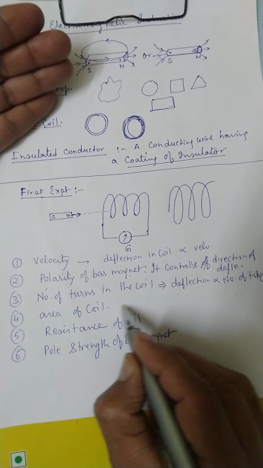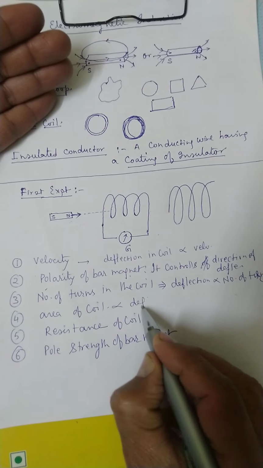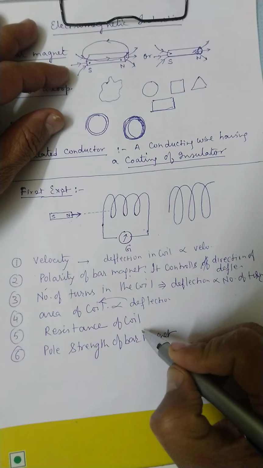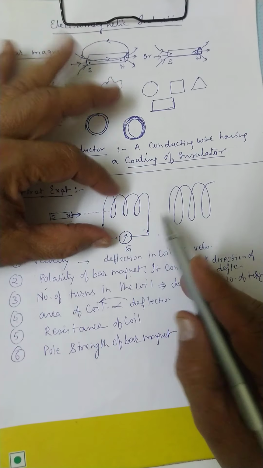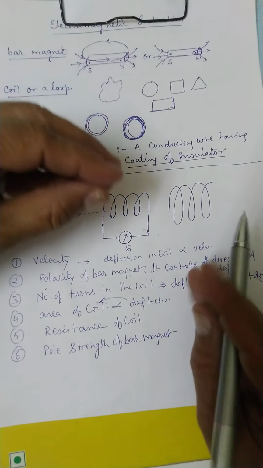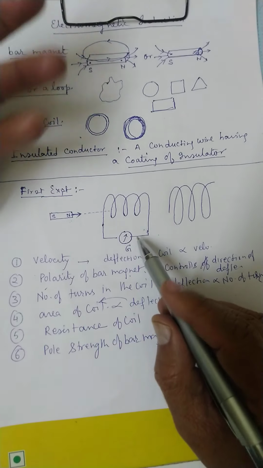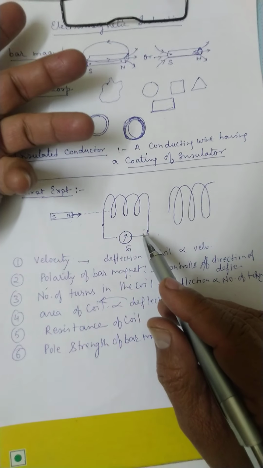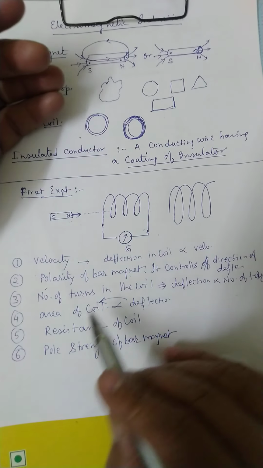Area of the coil, again the deflection is proportional to the area of the coil. The more the area, the more will be the deflection in the galvanometer. Resistance of the coil means the larger the resistance, the smaller will be the current. There is no need to explain, because the larger the resistance, the less current will flow for a given potential difference.